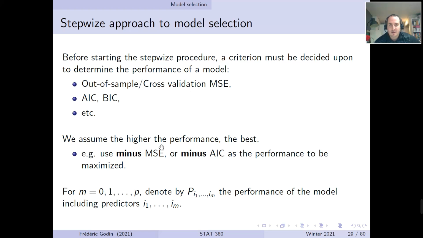So for example, let's say it's the AIC. So P(i1,...,im) is the AIC for the model which includes a subset of predictors, where the first predictor included is denoted i1, until the last predictor included being denoted im in the model.